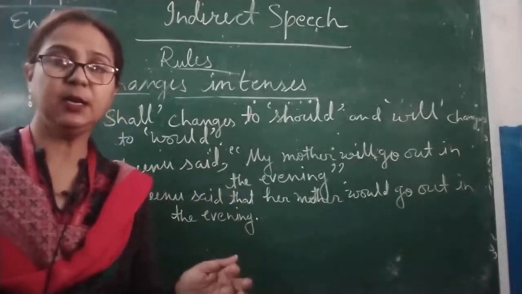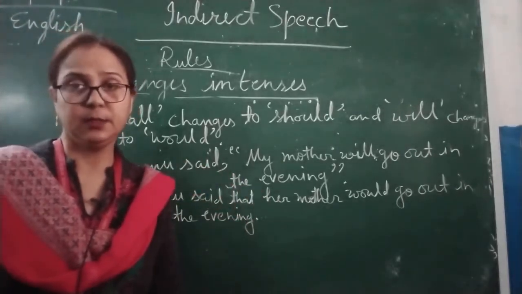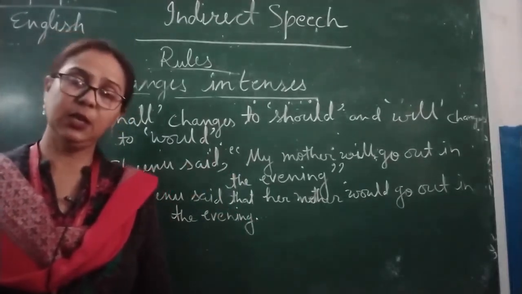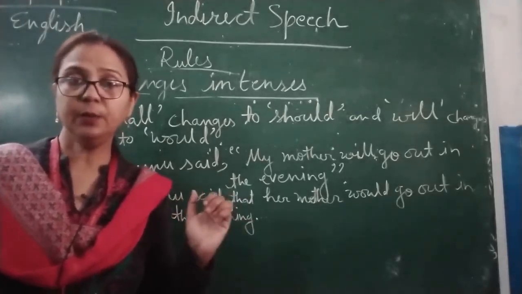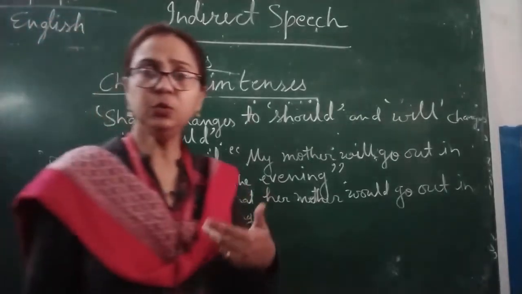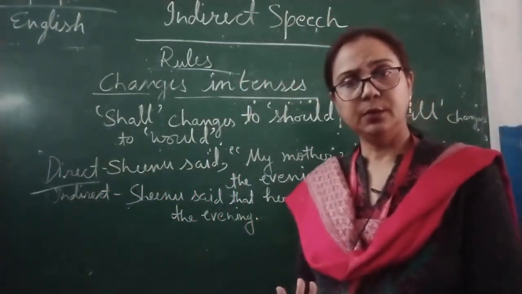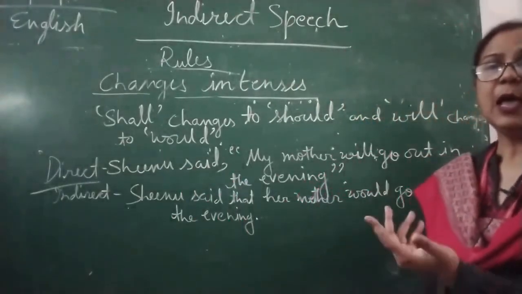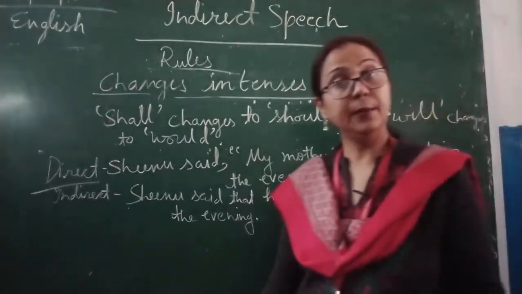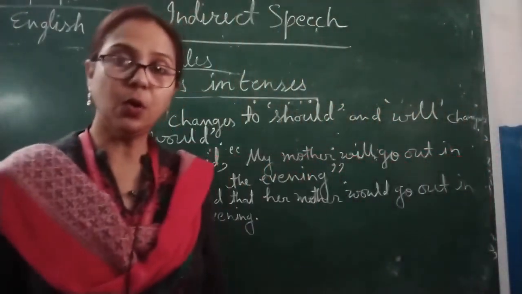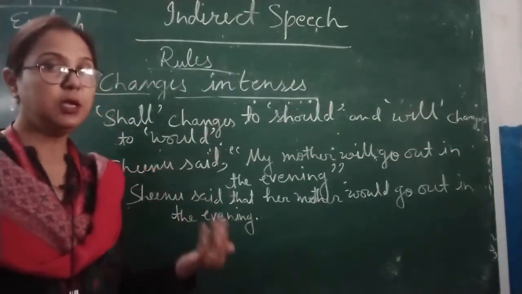Present continuous tense will become past continuous tense. So this is how we can make direct into indirect speech. Now, as we have discussed before, may becomes might, can becomes could, shall becomes should, will becomes would. So these are also rules to make direct into indirect speech.